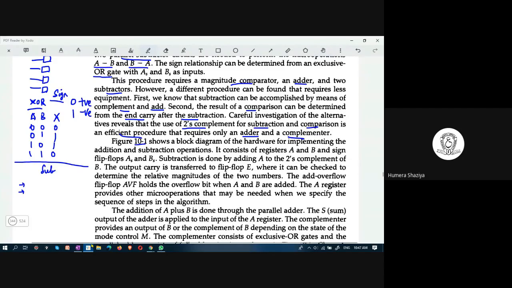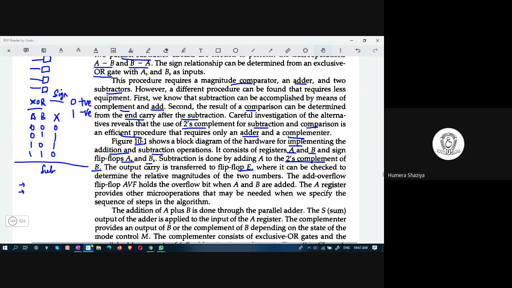So figure 10.1 shows the block diagram of the hardware for implementing addition and subtraction. And what does it consist of? Well, it consists of 2 registers, 2 flip-flops. Subtraction is done by 2's complement of B, and the output carry is transferred to flip-flop E, where it is checked to determine the relative magnitudes of the 2 numbers.